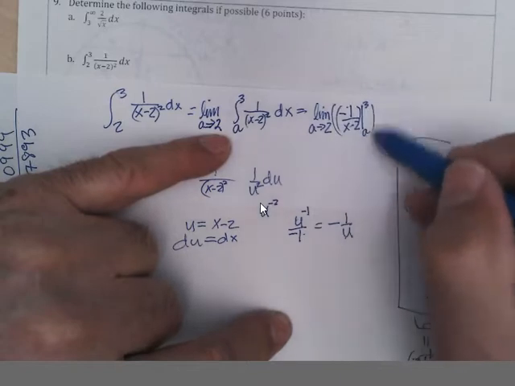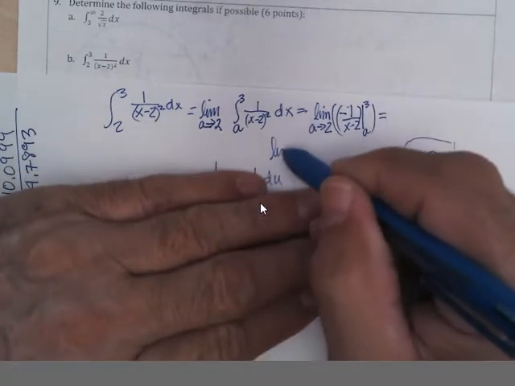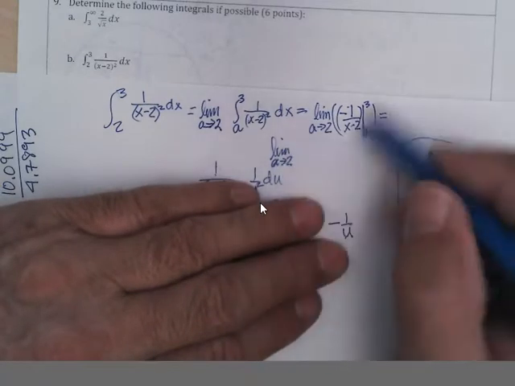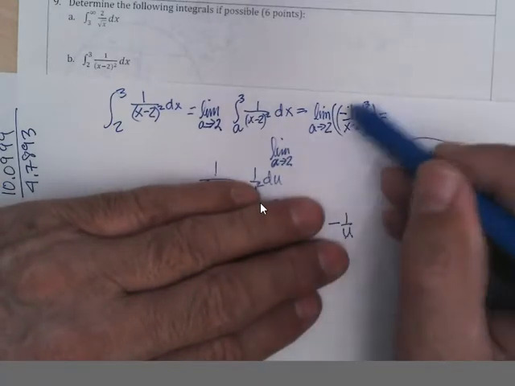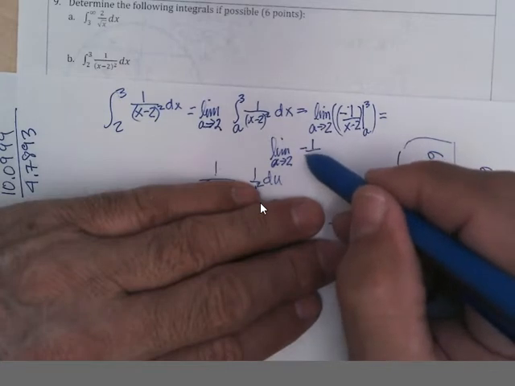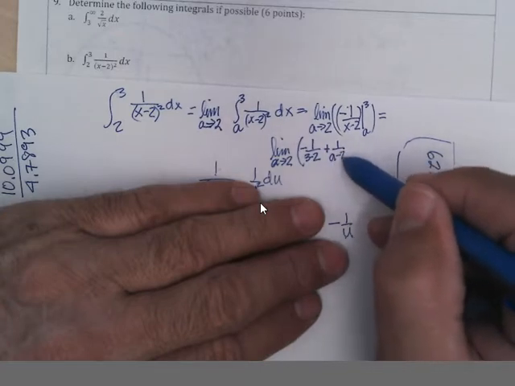I'm going to do that first because I haven't done the limit yet. So it's going to be the limit as a approaches 2 of, put in 3 and I get minus 1 over 3 minus 2, minus a minus, which is plus 1 over a minus 2.